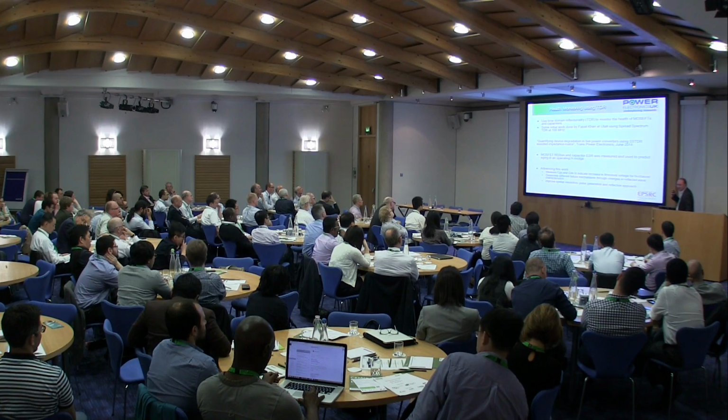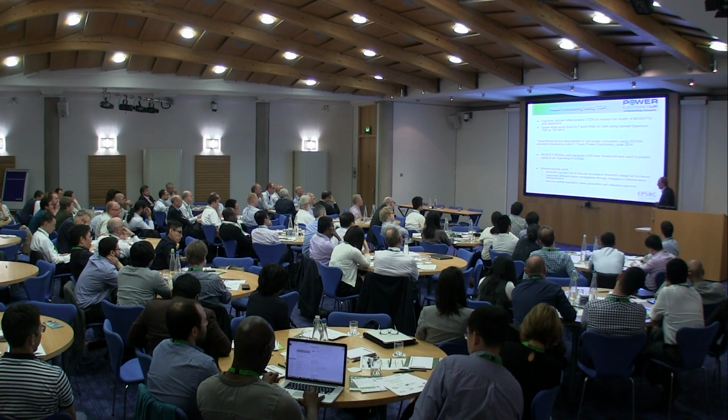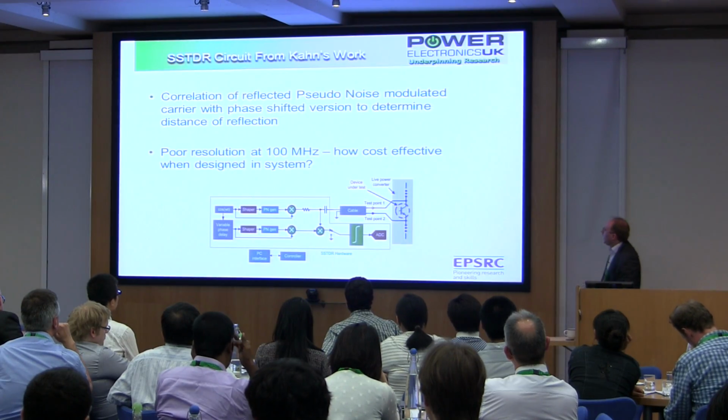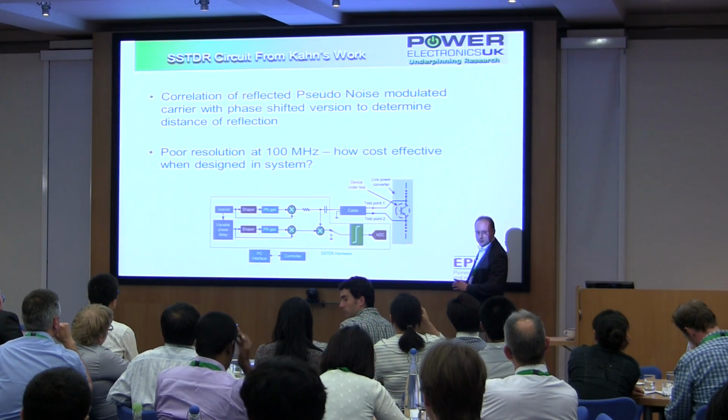So one of the things that we're planning on doing, for instance, is maybe some time domain reflectometry techniques, that is, bringing RF type techniques into power electronics, where we can start determining parameters in the device. We can see things like bond wire liftoff. We can maybe measure changes in device capacitance, for instance. And here's a sort of circuit that you might be able to use to do that.